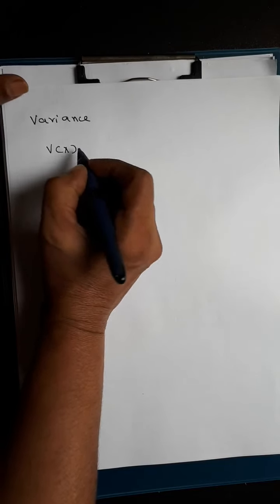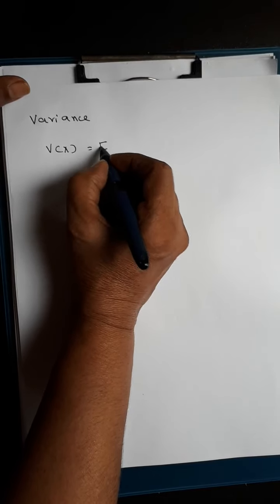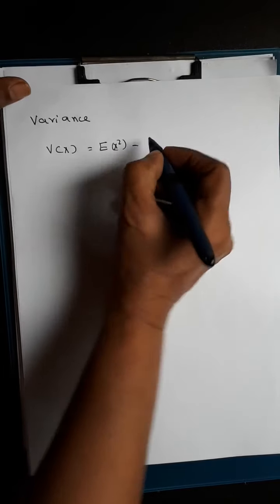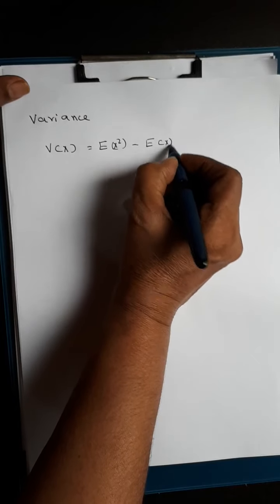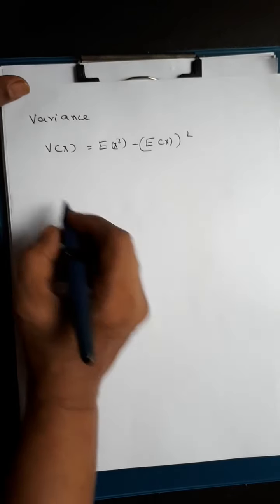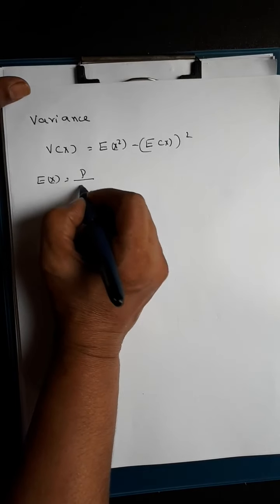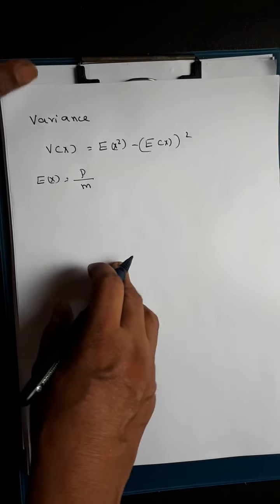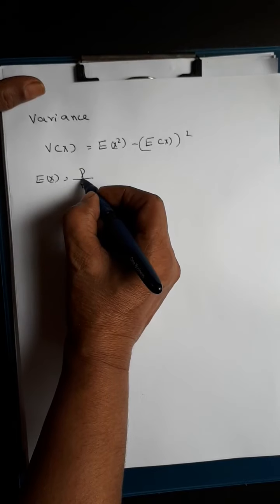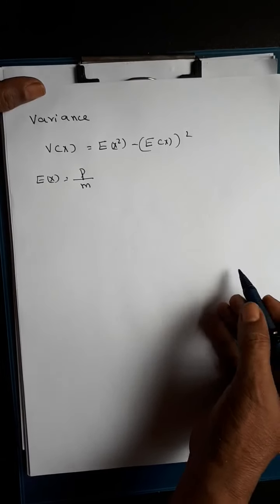Variance of a random variable is the expectation of x square minus E of x whole square. And we know that E of x is p by m in the case of a gamma distribution with parameters m and p.